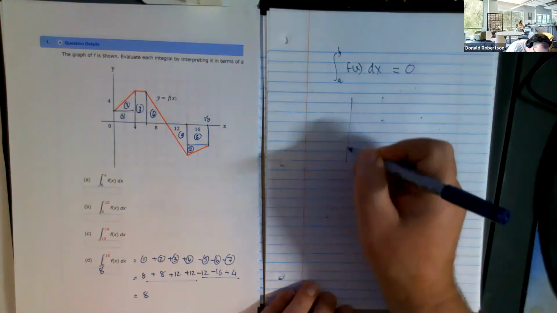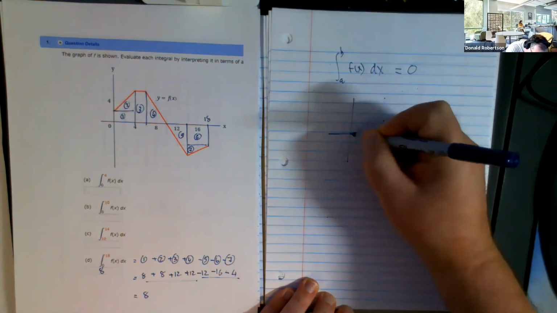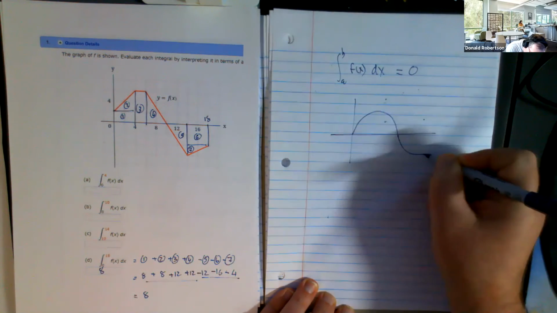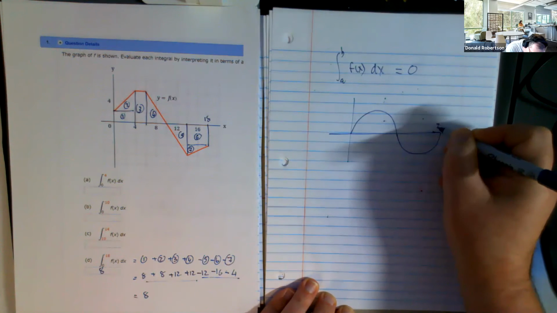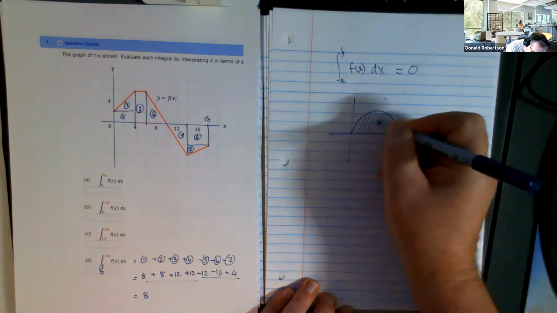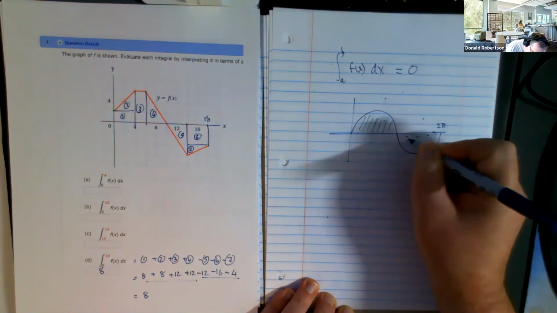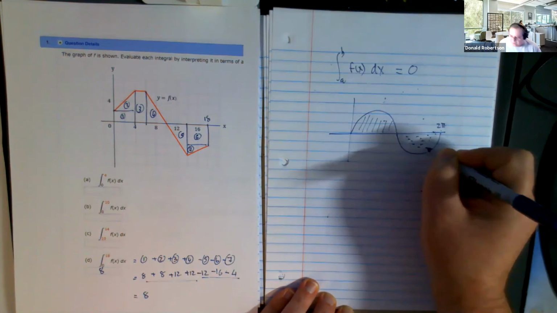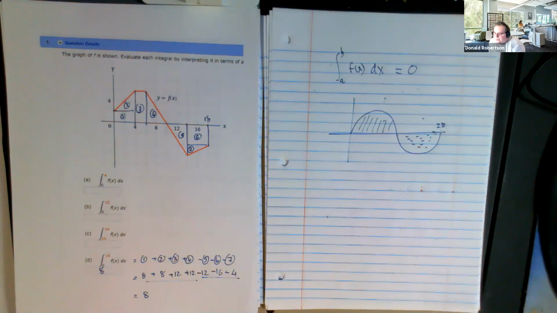Yes. Here's a very simple example of that happening. Can you imagine you did the sine function and you did it from 0 to 2 pi? Wouldn't this piece exactly cancel out that piece? Agreed?